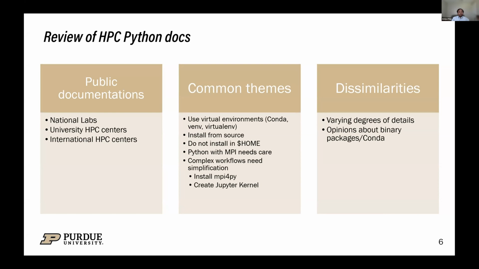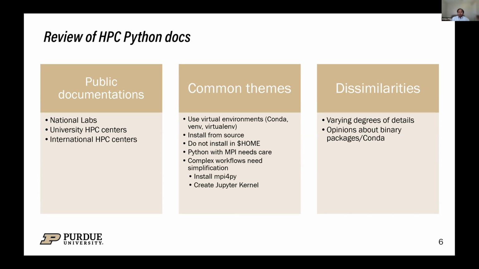Other themes are, do not install your Python packages in your home directories because it can create IO issues, and you can run into issues if you have a shared home directory across clusters that have different architectures, right?